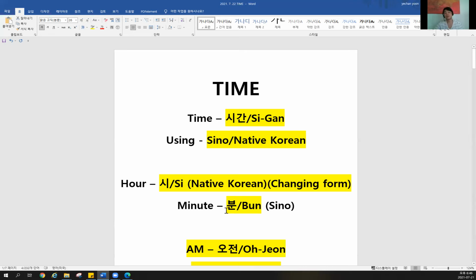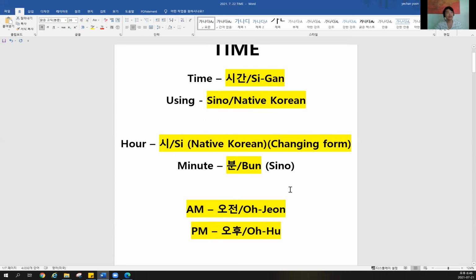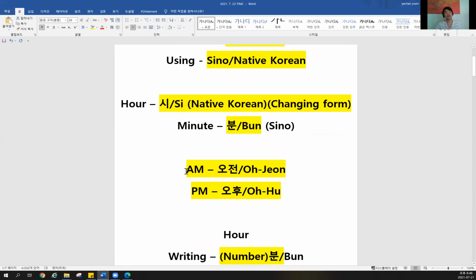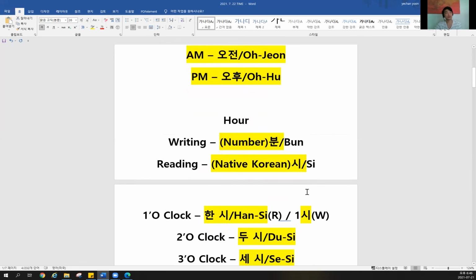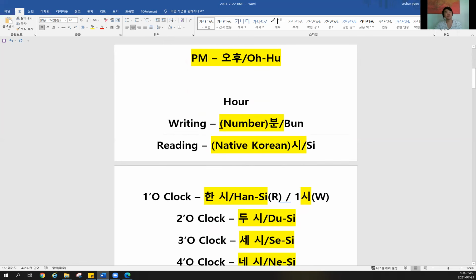You can say it with 분, but 분 has to be read with Sino. How about AM and PM? AM is 오전. PM is 오후. So writing is number plus 시, but reading is native Korean with the changing form and 시.